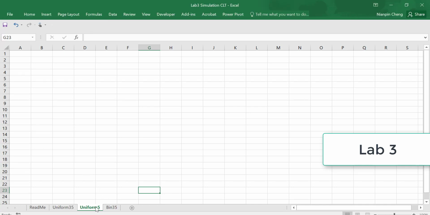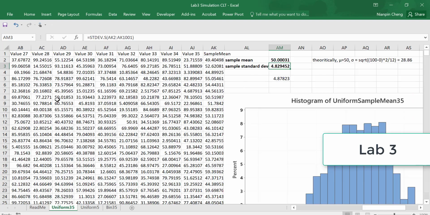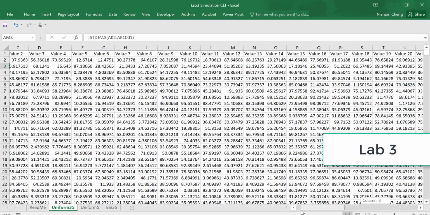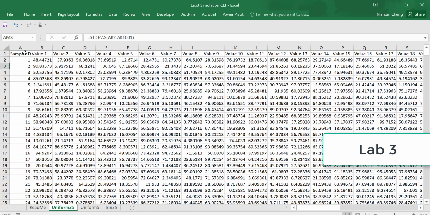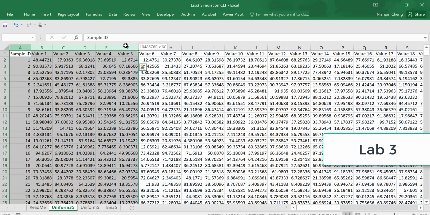Next we are going to generate random samples from the same uniform distribution, but only five values. We can just copy, but we still need 1,000 samples. This time, each sample has only 5 values. So we can copy this part, that's easy to do.